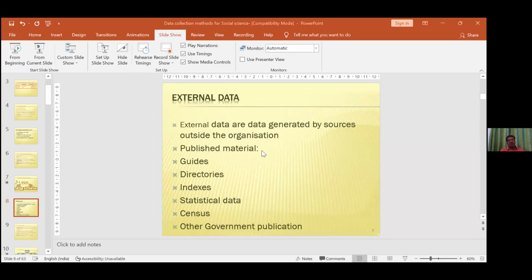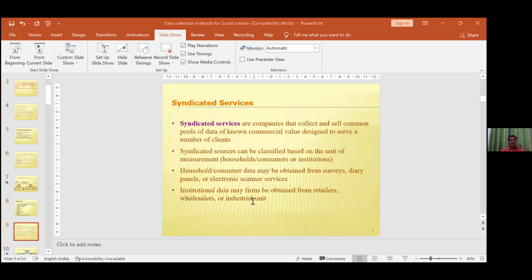Say, for example, published material, guides, directories, indexes. There are indexes in the stock market. Let's take stock market indices, the BSE index, the NSE index, then statistical data, census, and other government publications. These things come under external data.